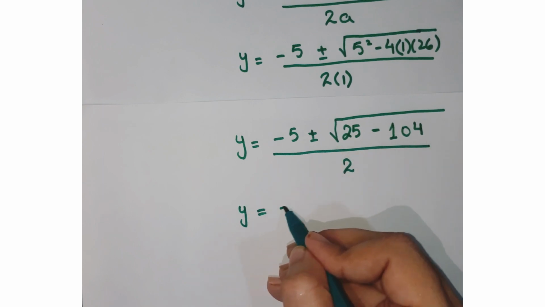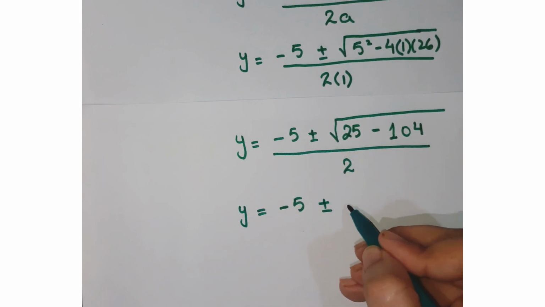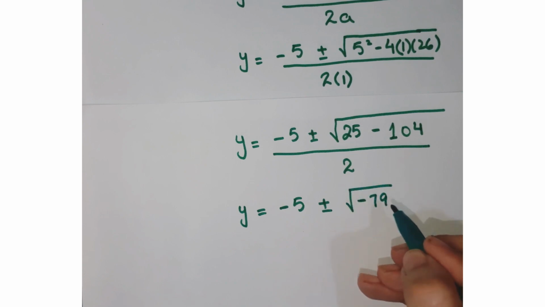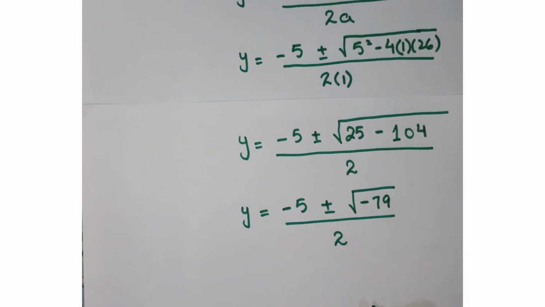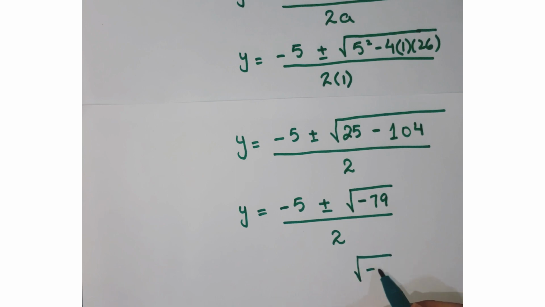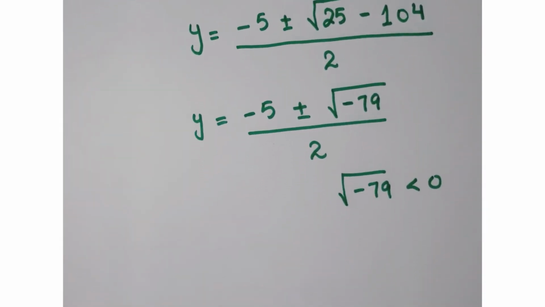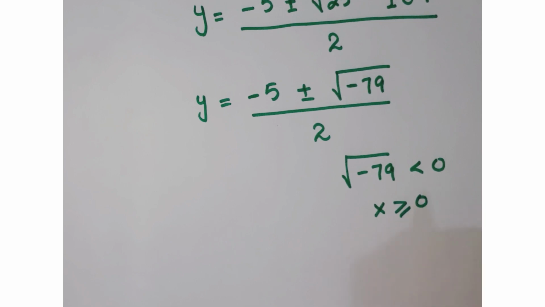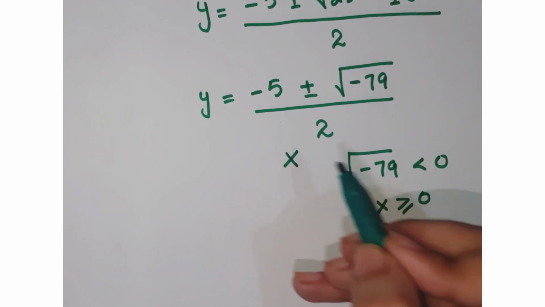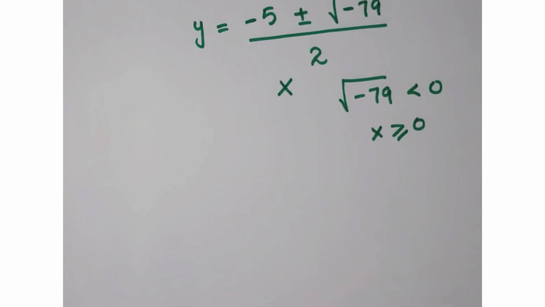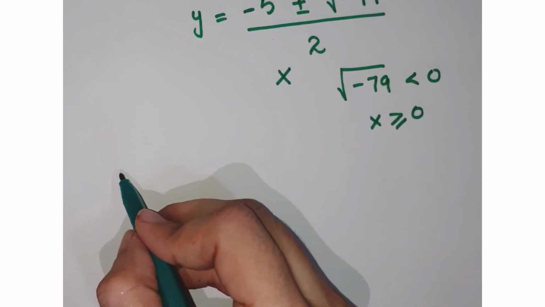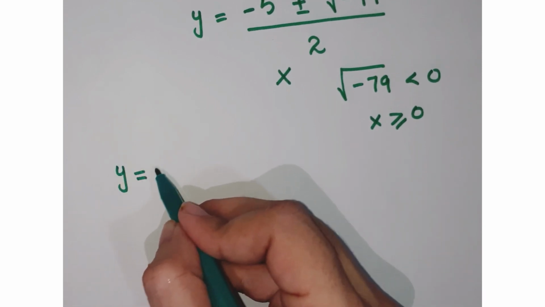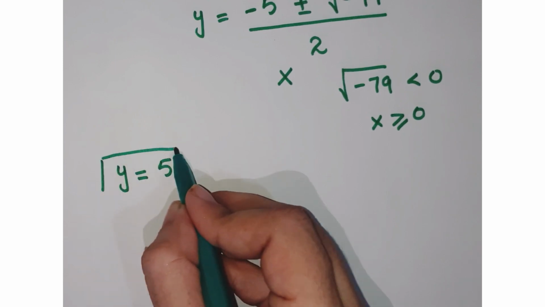So you get y is equal to minus 5 plus minus under root minus 79 upon 2. This under root minus 79 is less than 0. But as you know that 2 to the power x is a power, it should be greater than or equal to 0. So we discard this solution, right? So the solution that we calculated earlier, that is y is equal to 5, right?